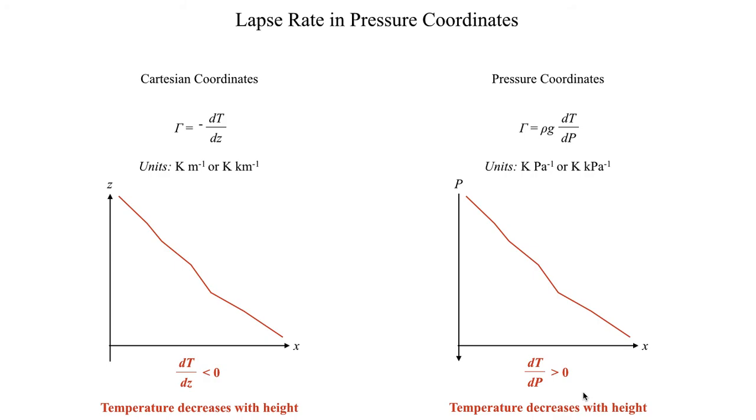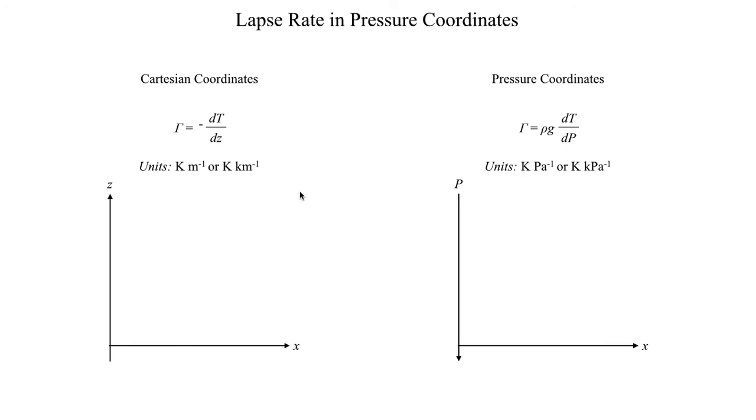Now let's take a look at a different example. Instead of temperature decreasing with height, let's take a look at where temperature would be increasing with height. This would be, say, like an inversion somewhere in the atmosphere. So again, let's take a look at the same exact temperature traces, but this is going to be a temperature trace where temperature increases as we go upward.